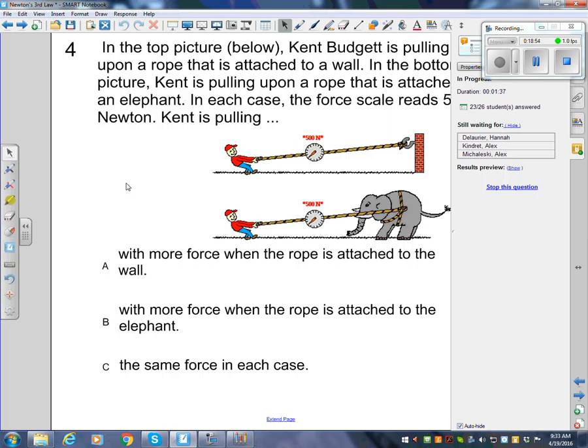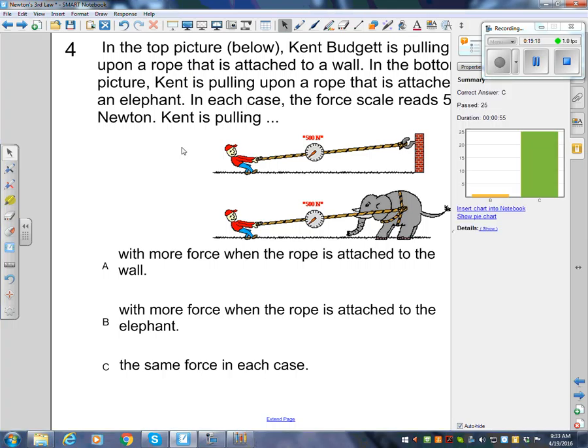Same force. I was trying to gauge by my voice and my body expressions which one is right. I am adept at not conveying that at all. Pick C, it's always C, right? Multiple choice? Oh, yay!